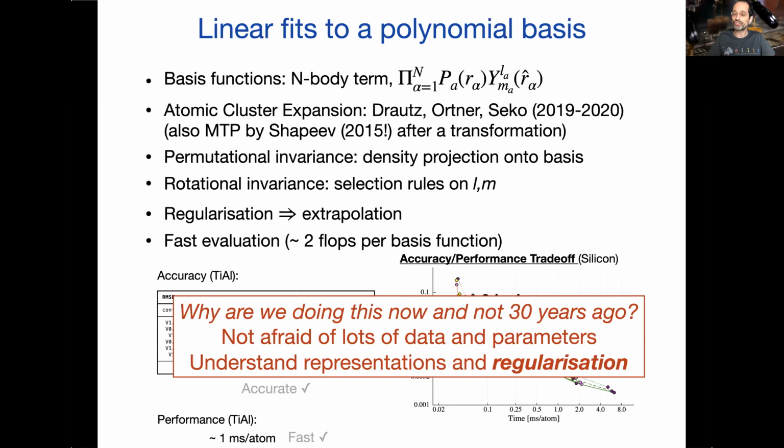That of course happened with neural networks first, but now that we know that based on a couple of thousand DFT calculations, we can make an accurate potential, I think we can go back to simple functional forms like this one, and really do this very, very precisely. We also understand regularization. So when you do a linear fit with basis functions like this, there are textbook mathematical tricks that we need to invoke.